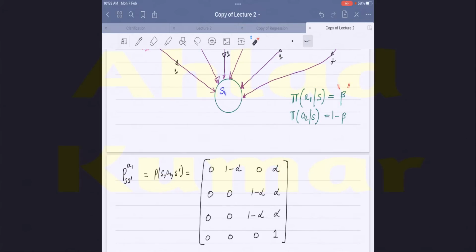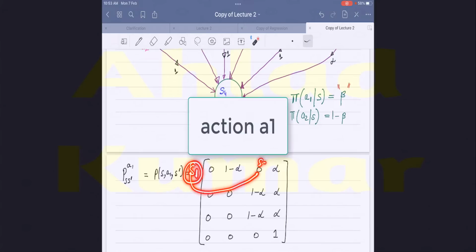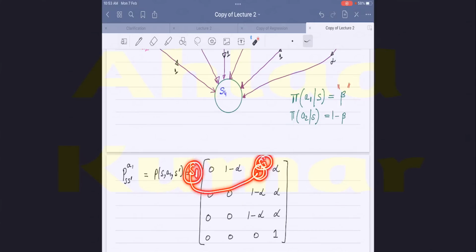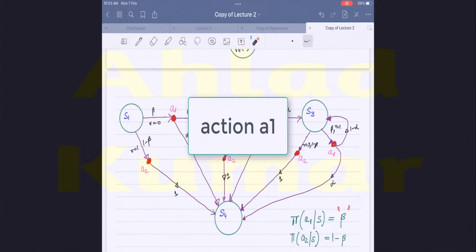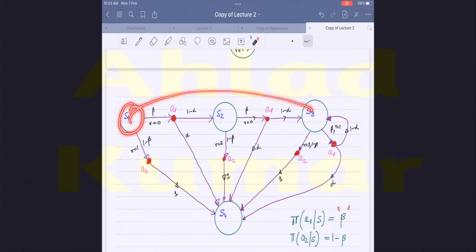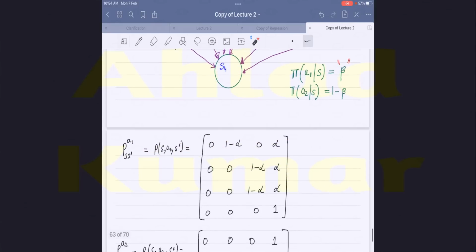And if you are moving from S1 to S3, its value is 0. There is no action in state S1 which can lead to state S3. That's why its value is 0. Like this, you can fill in all the values for the transition probability matrix once you have taken action A1 in all these states.